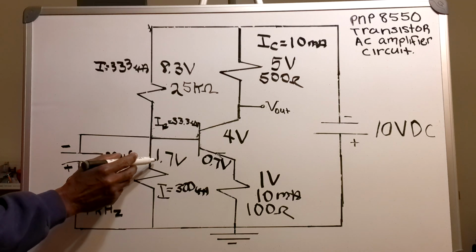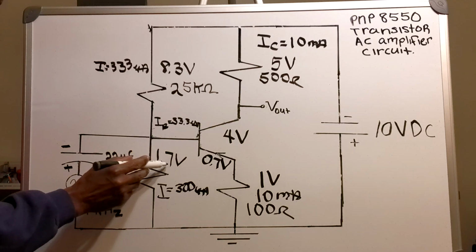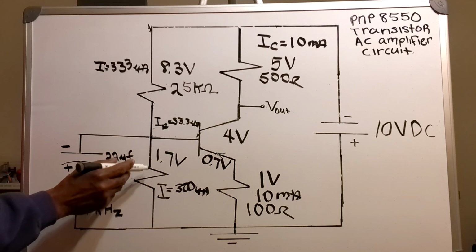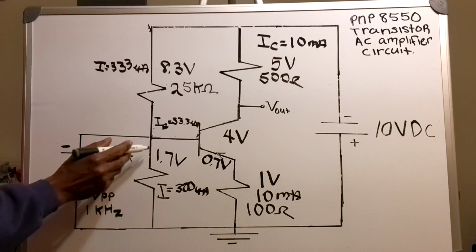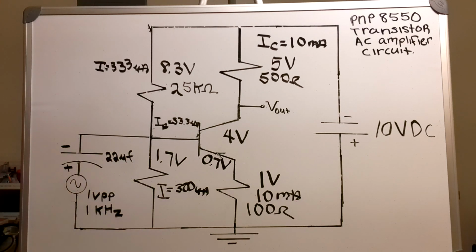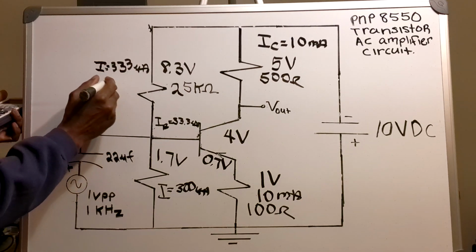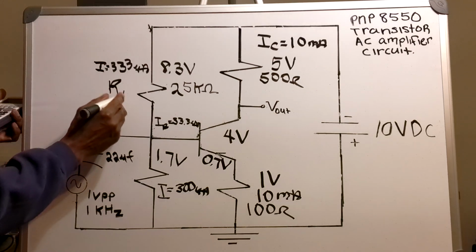Now I'm going to use this voltage and this current and find the value of this resistor. I'm going to call this one my R1 resistor.